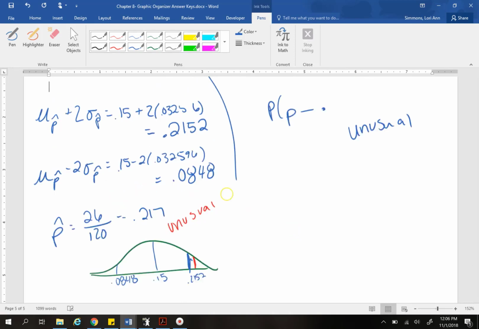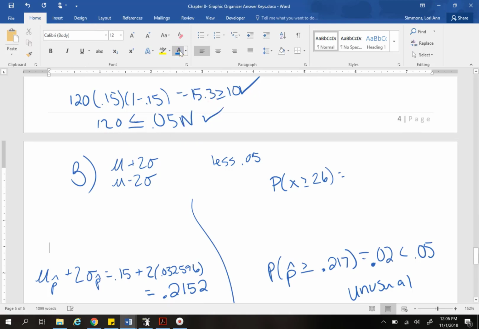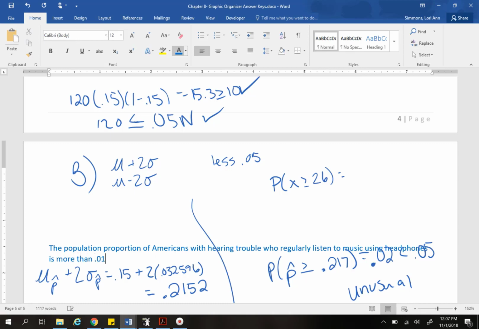But let's write out what it means. So the population proportion of Americans with hearing trouble who regularly listen to music using headphones is more than 0.15.